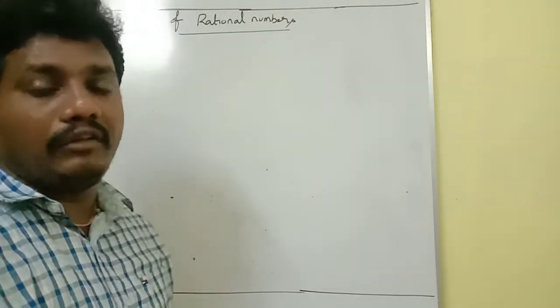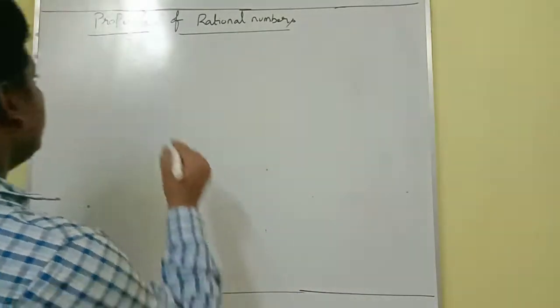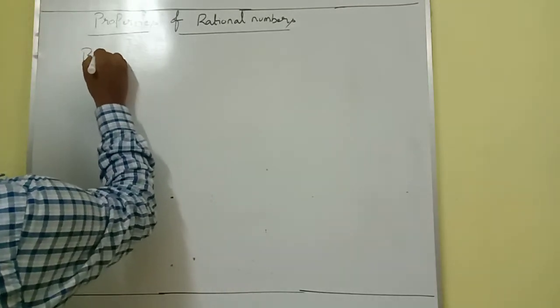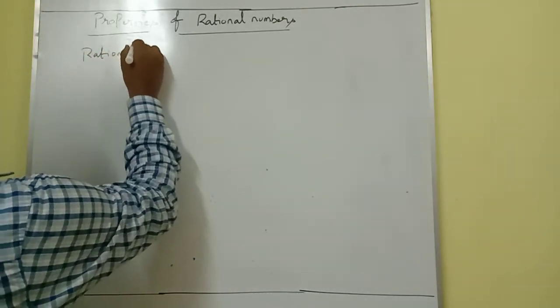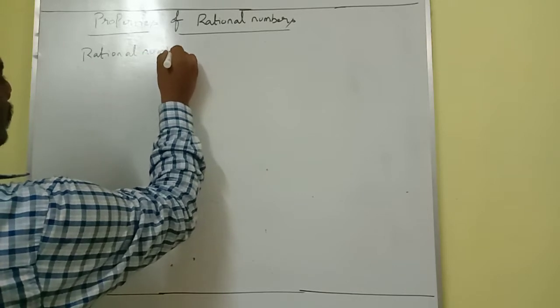We already know very well what a rational number is. What is a rational number?